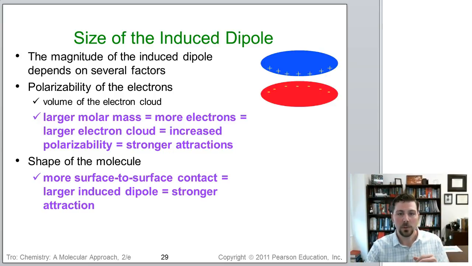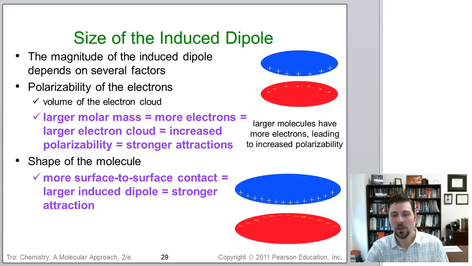So how do you decide between two molecules? You can decide which one has the greatest intermolecular force, dispersion force particularly, by looking to see which one has the larger molar mass, and then looking at the shape of the molecule. So you have to remember the three-dimensional shapes of all the molecules that we talked about in previous chapters, and determine a combination of those two things, which molecule then would have a greater dispersion force.